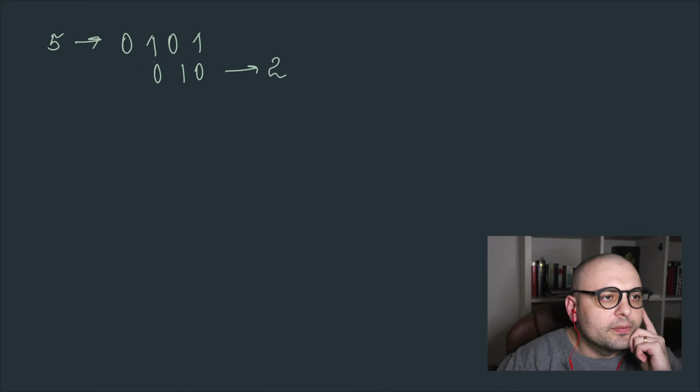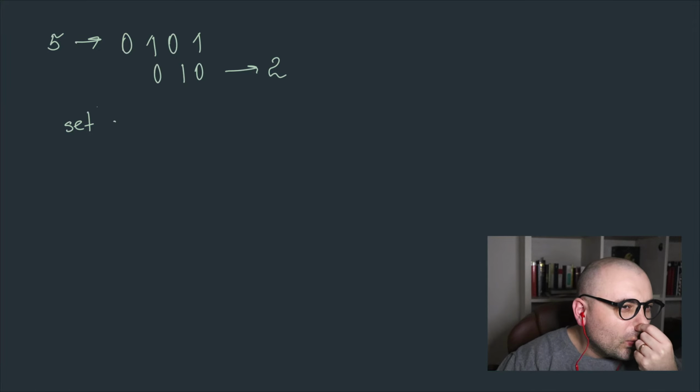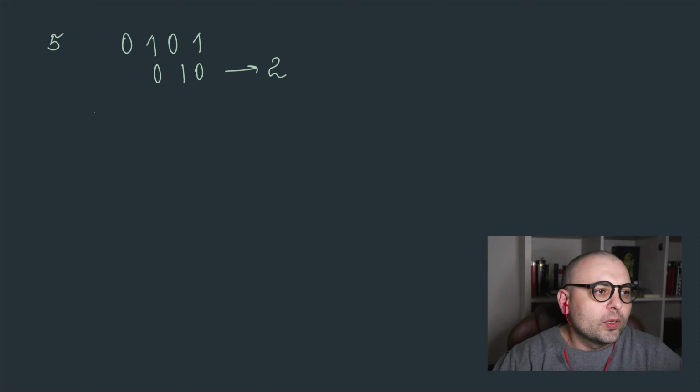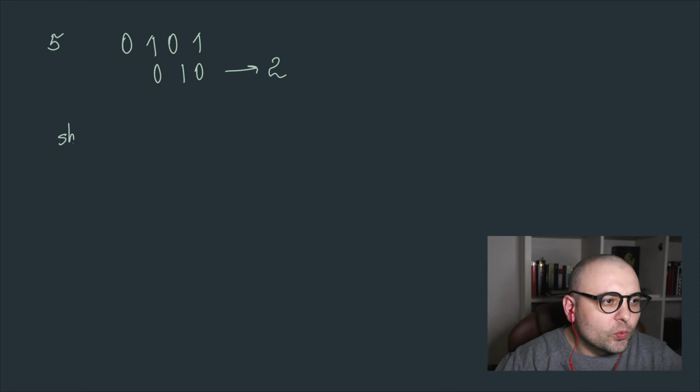But how can we invert it? How can we invert each bit? So maybe we will need to set, okay, so if we go with an algorithm, something like, we'll be shifting right 1 bit.